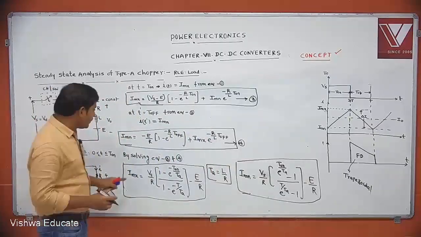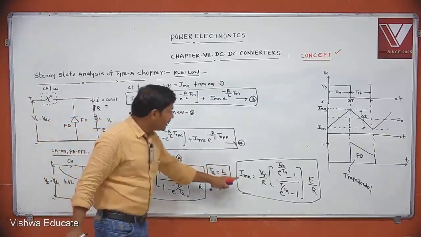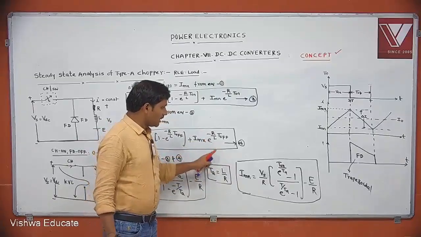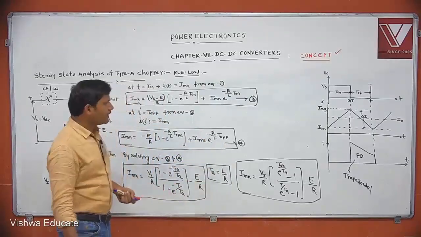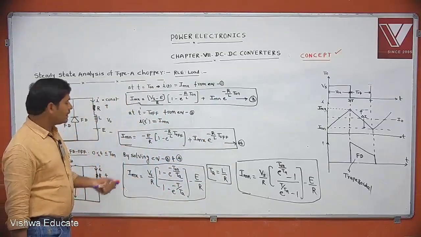These are the expressions for I maximum and I minimum by using steady state analysis of type A chopper, where Ta is L by R.